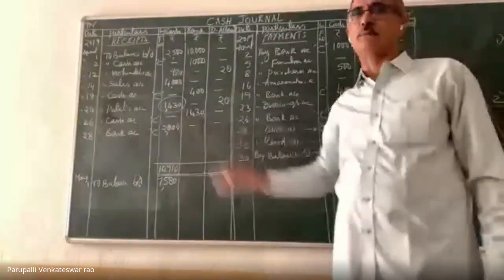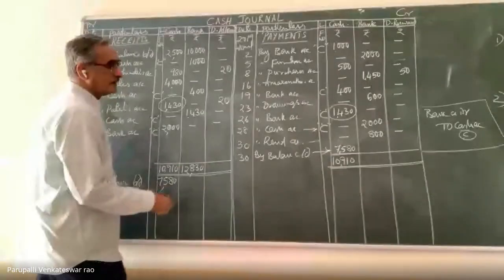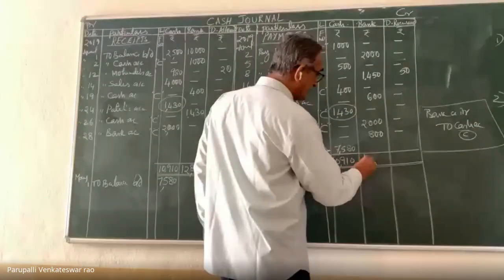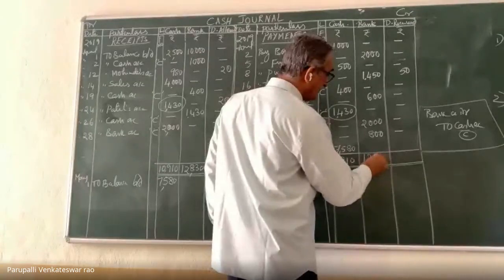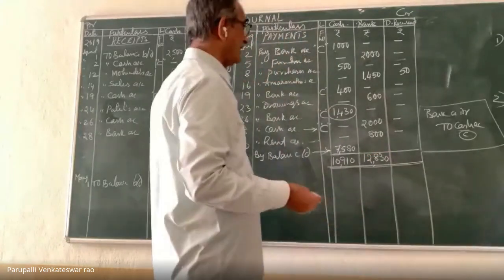But then what about the bank balance? You have to check the bank balance. Which side is more? Debit side is more. This is 12,830. 12,830 is the total receipts, minus the five items aggregate.